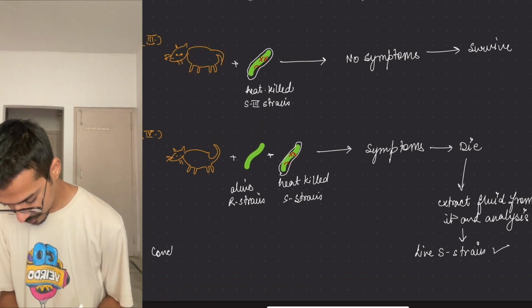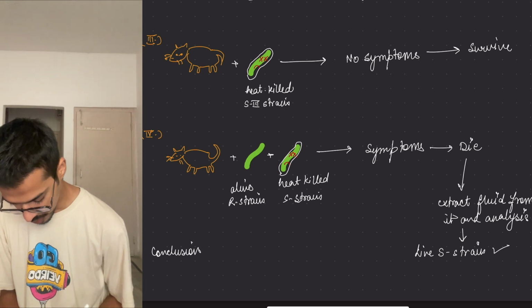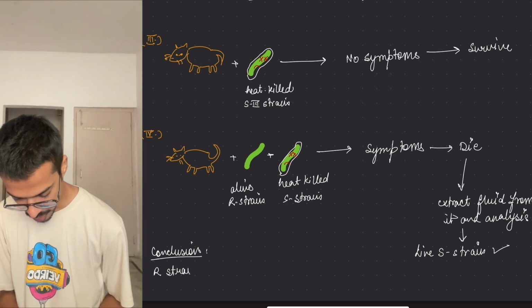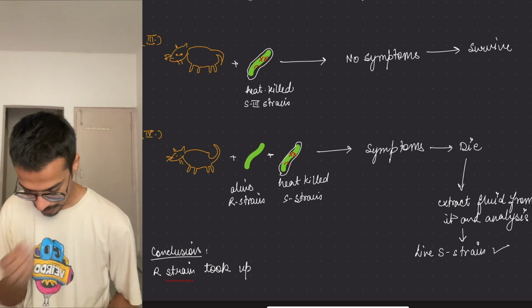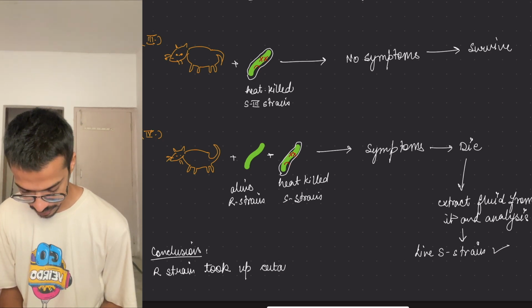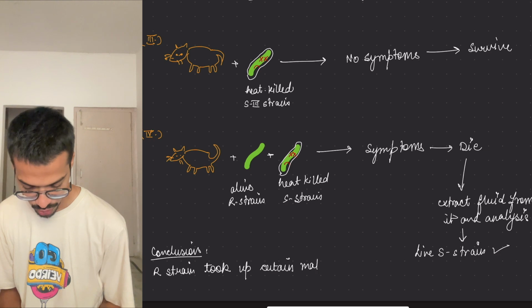Conclusion: R strain took up certain material, which is called what?